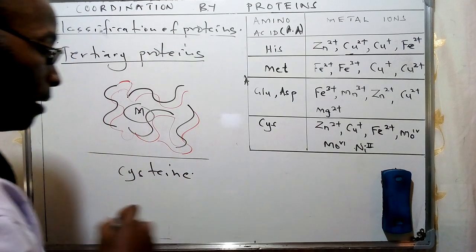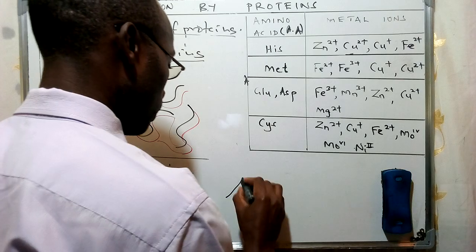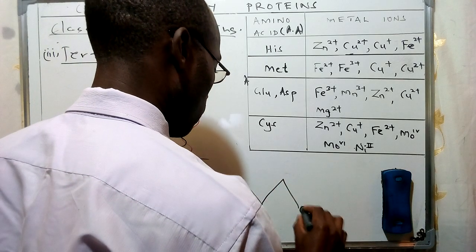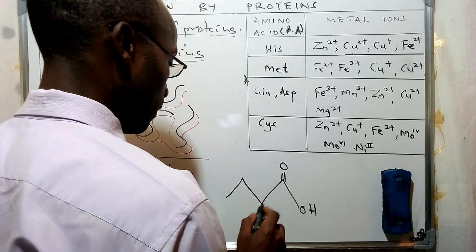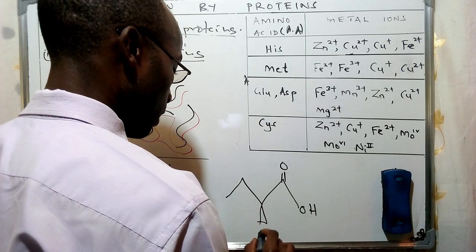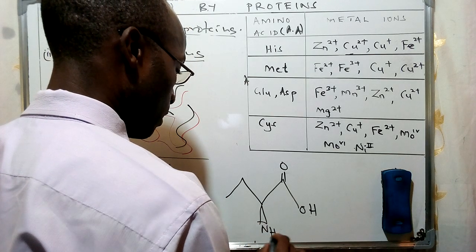So this is an amino acid that is going to consist of this specific set of atoms and molecules as such. We shall have this one given in terms of NH2.